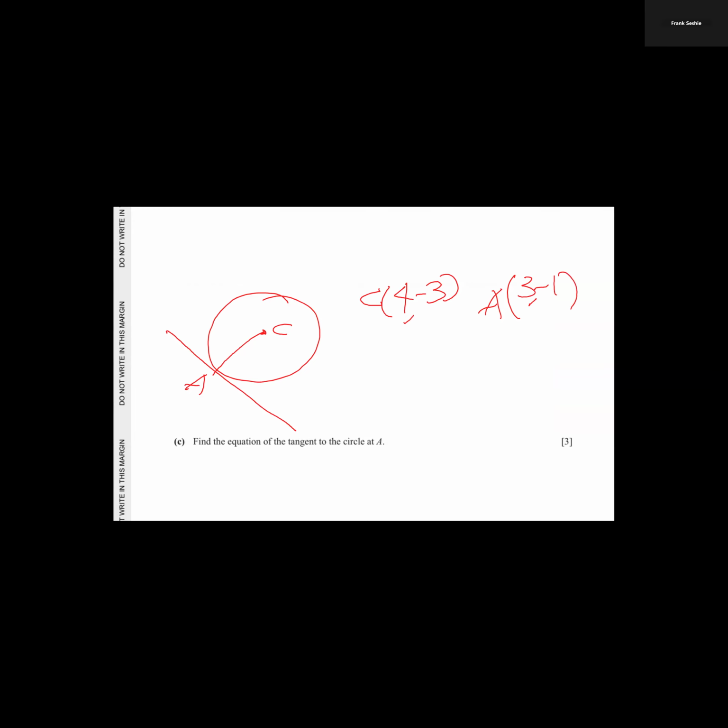So in that case, AC's gradient is going to be negative 1 minus 3, that's plus 3, out of 3 minus 4. So that's 2 out of minus 1, that is negative 2. So the gradient of the tangent is going to be a negative reciprocal, so that will be half.